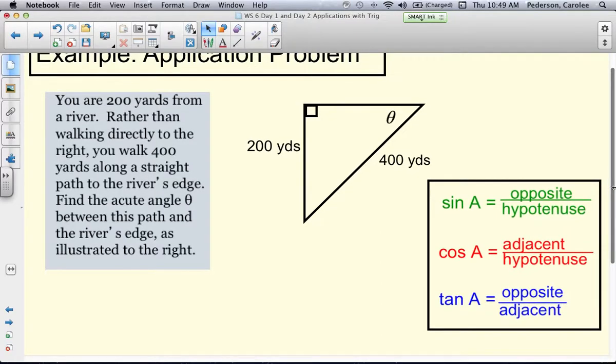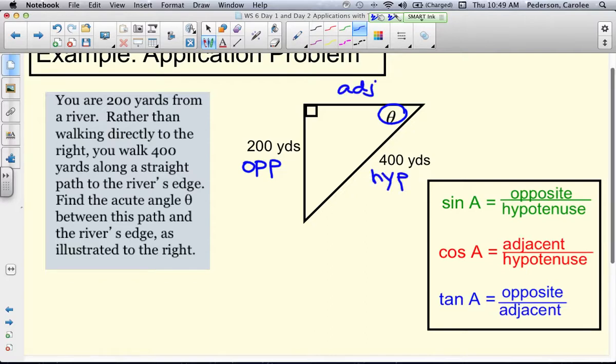So let's identify the 3 sides to this right triangle. Well, here's my angle theta. This is side opposite. This is side adjacent. This is side hypotenuse. The 2 sides we're working with is 200 yards, which is opposite, and 400 yards, which is the hypotenuse.